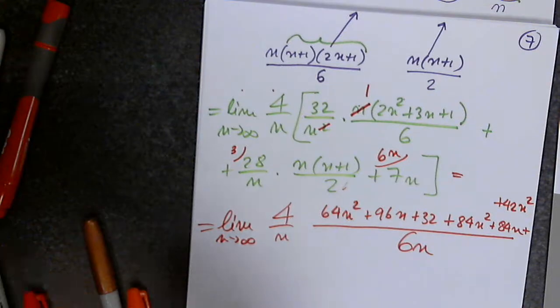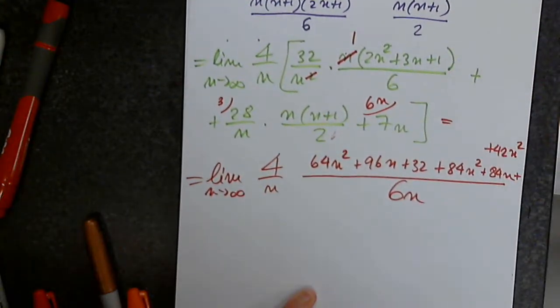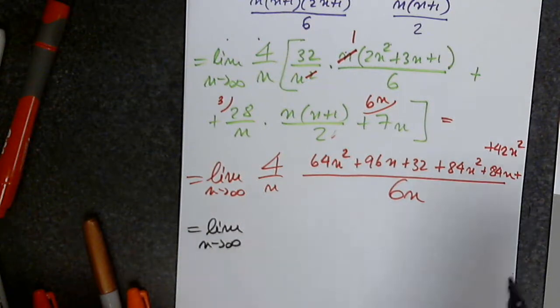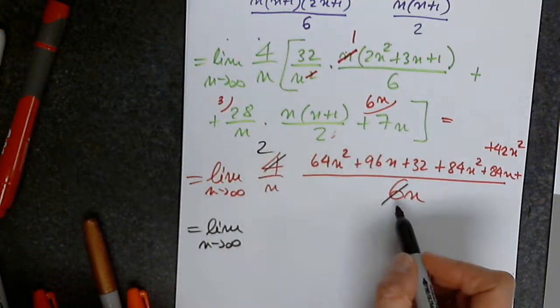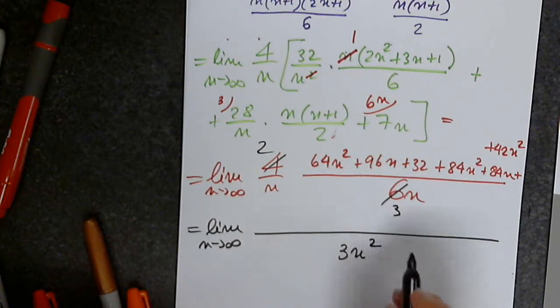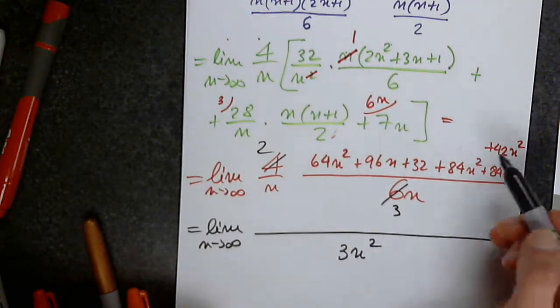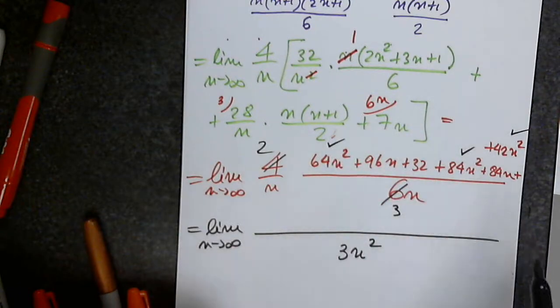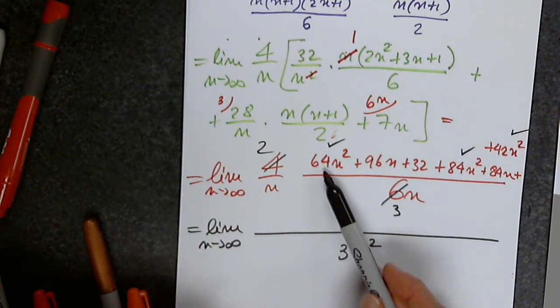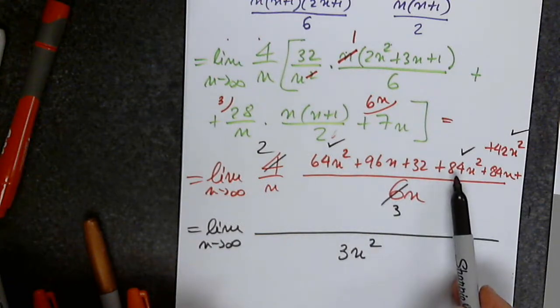And let's see what else I can do here. So this is limit n approaches infinity. I'm going to simplify by 2. Now the denominator becomes 3n squared. Now these have n squared. So 42 with 64 is 106. 106 with 84, I think, is 190.